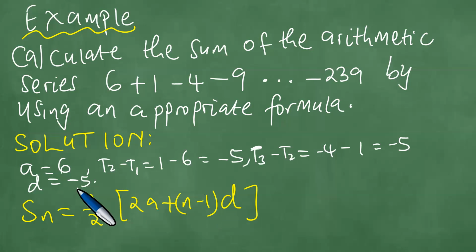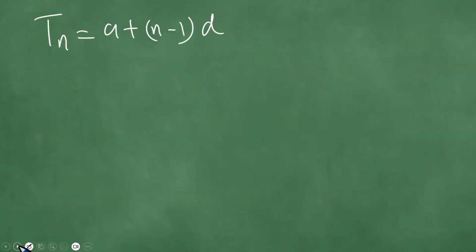In the summation formula we know the common difference is minus 5 and the first term is 6, so we can substitute here. But to find the sum we must know all the symbols, and we don't know n. We don't know how many terms there are, so to find the number of terms, use Tn.